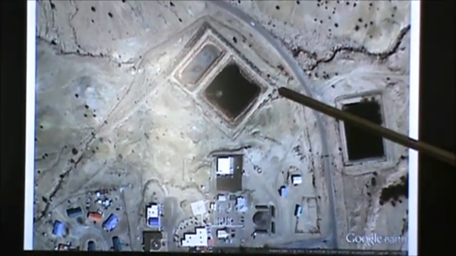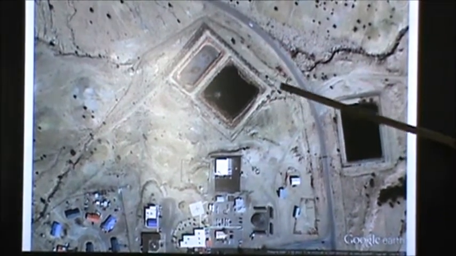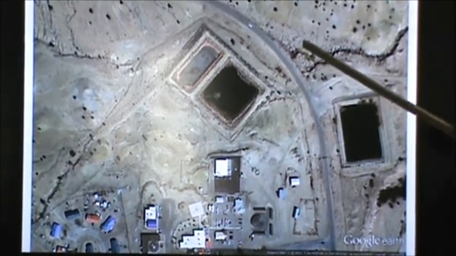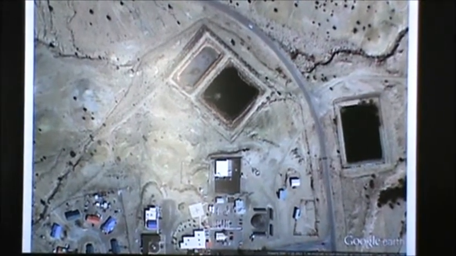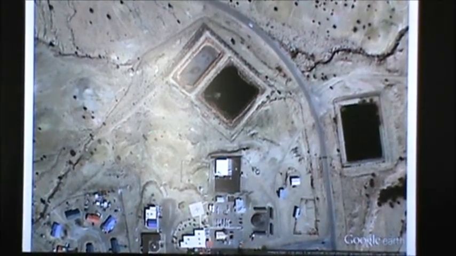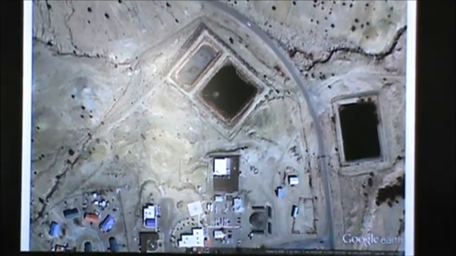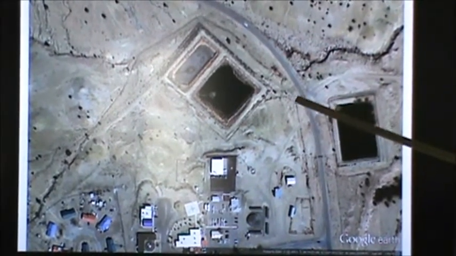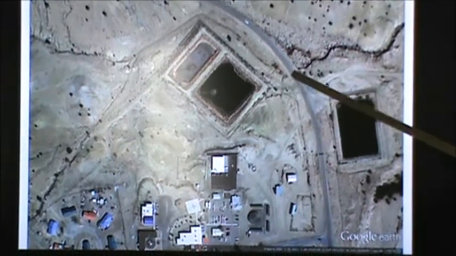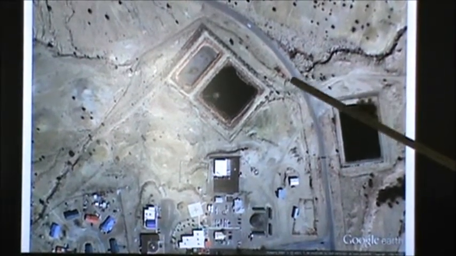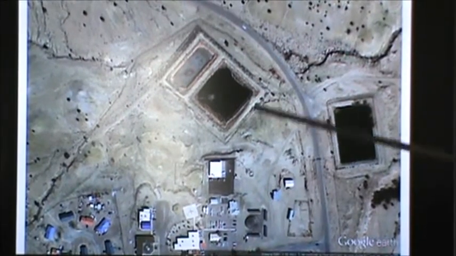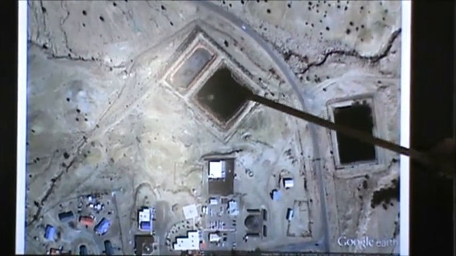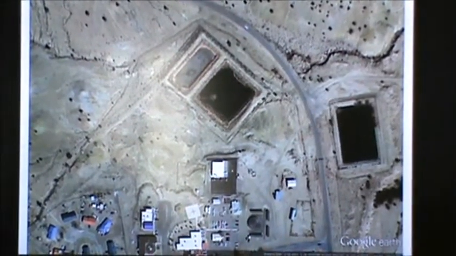So we issued them a warning letter saying that you're not permitted to release wastewater from this lagoon system. So they stopped it, and it ended up starting off a long process where they got funding to open up a new, bigger lagoon system. It's further, like 1.5 miles further, and they're going to be closing these lagoon systems.